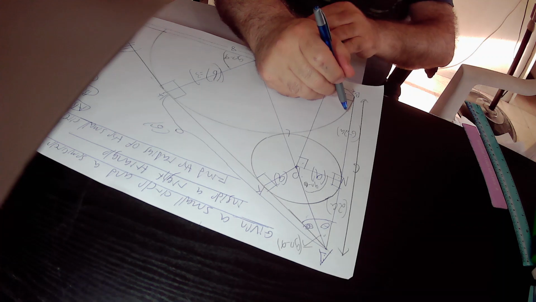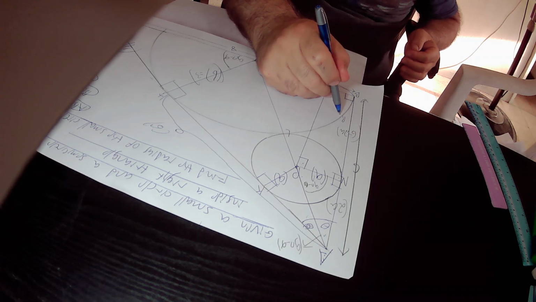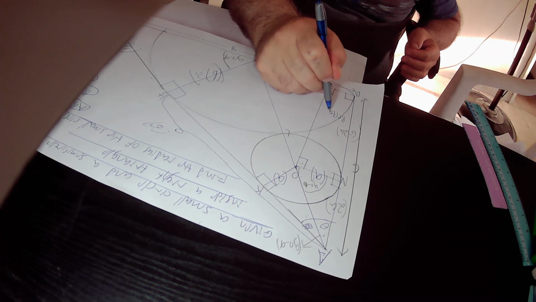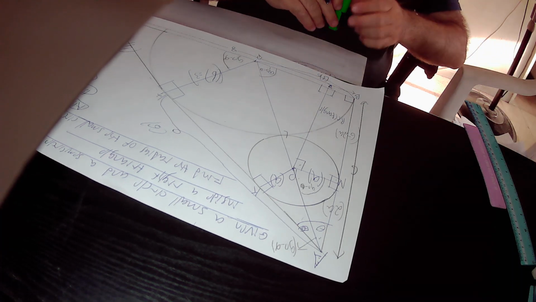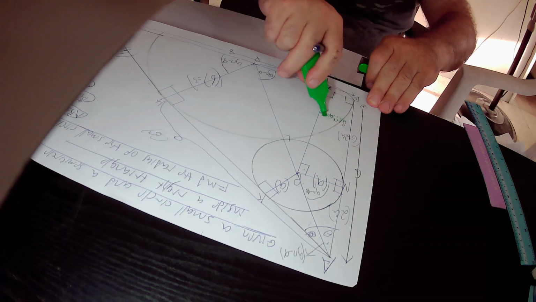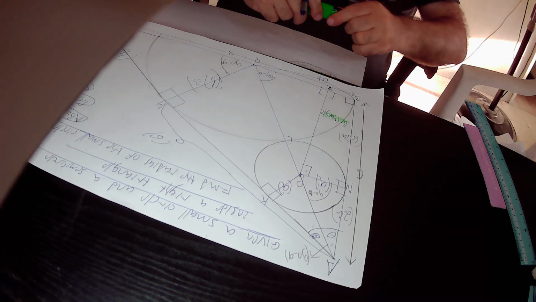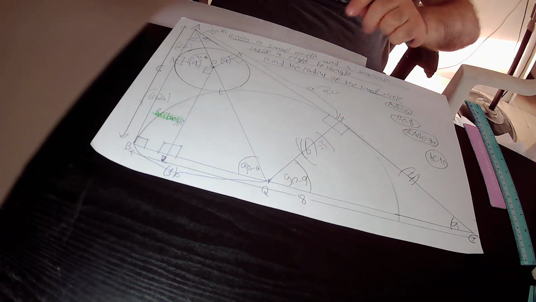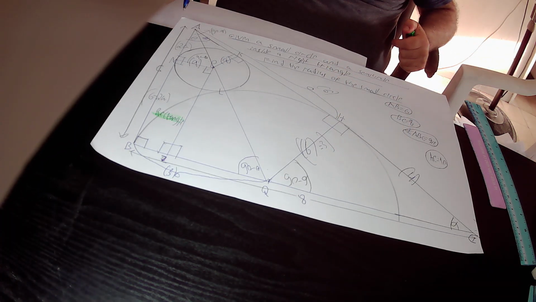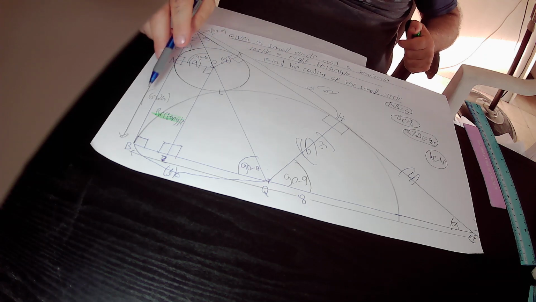So I write it down. This is a rectangle. But we also know that the opposite sides of a rectangle are equal to each other. So in rectangle NPBZ, side NP must be equal to the opposite side BZ.